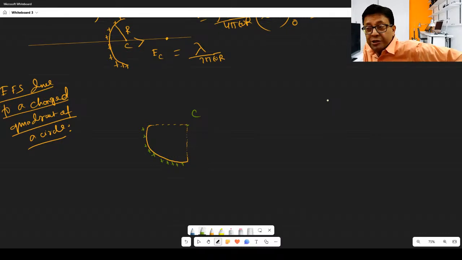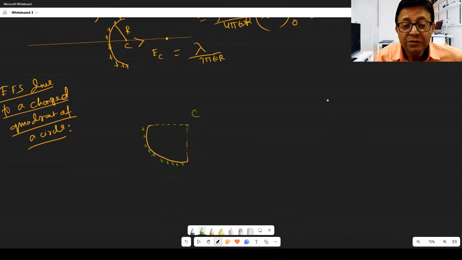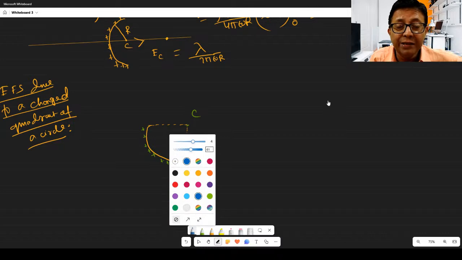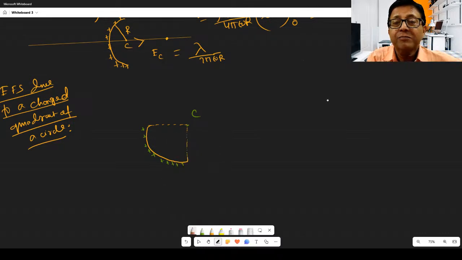What is the procedure? The procedure is we have to divide again into an infinite number of parts. Again, this is an elemental portion. It has some angular position, theta. This end had some angular position with respect to the previous one.